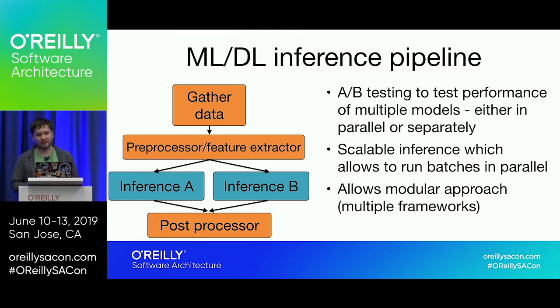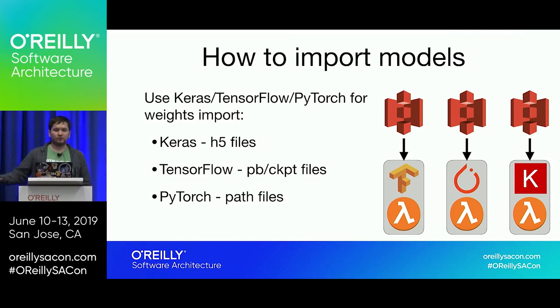So you can make this kind of slow deployment. Also, you can combine multiple frameworks. You can extract features using TensorFlow, train your model in PyTorch, and have a pipeline which uses both. And finally, if you want to import a model, the usual way is to keep it in S3 and load it in the beginning. It's a different type of file depending on your framework.